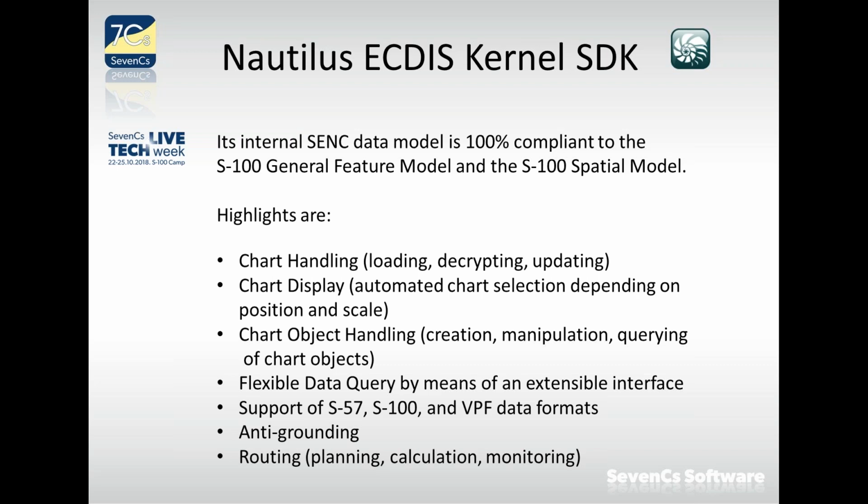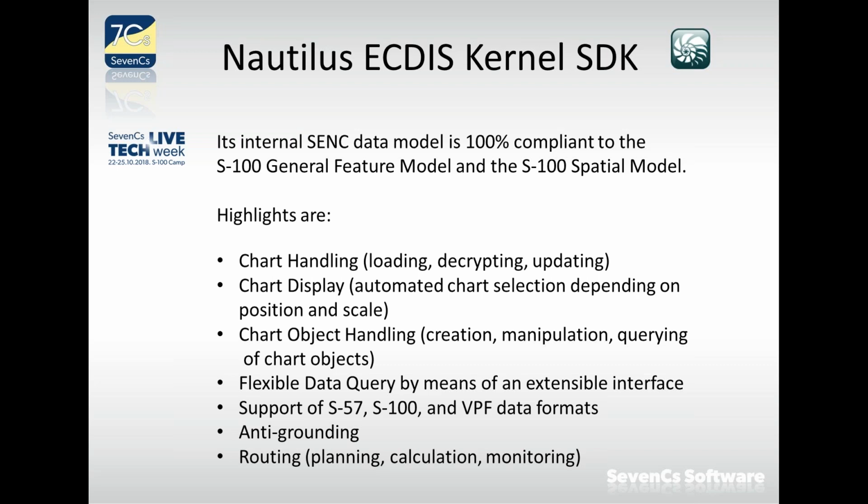We support S57, we support S-100, and also the vector product format, so we can read data which are based on the standards. We have an anti-grounding functionality inside, so that means it can automatically run tests on a small or not so small area, which is defined by a polygon, and find hazards to navigation within this area.